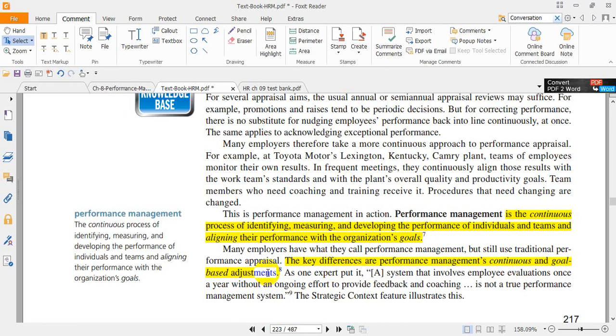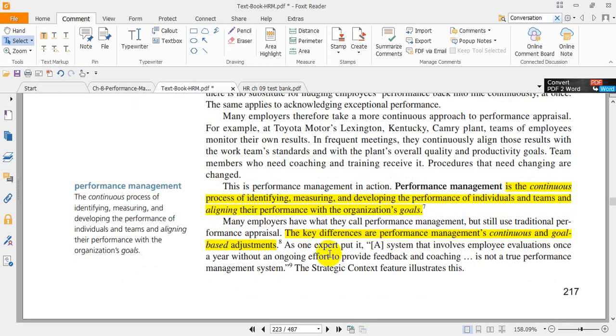As one expert put it, a system that involves employees' evaluation once a year without an ongoing effort to provide feedback and coaching is not a true performance management system.